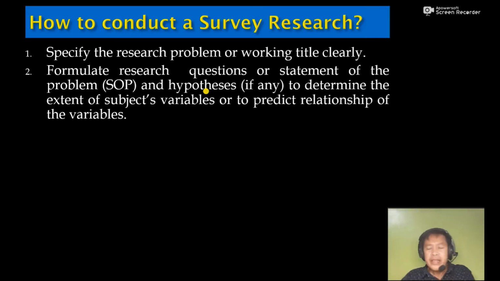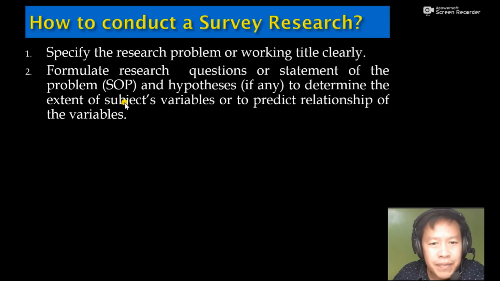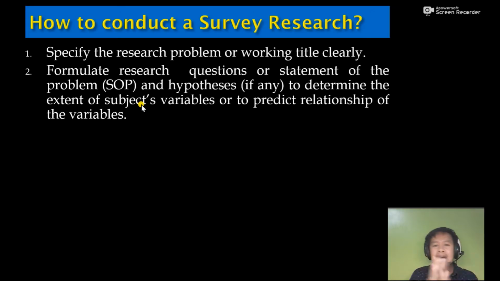Now, the purpose is to determine the extent of subject variables. If we are just determining the extent of the variables, then we just have descriptive research. And if we have descriptive research, we do not have dependent variables.